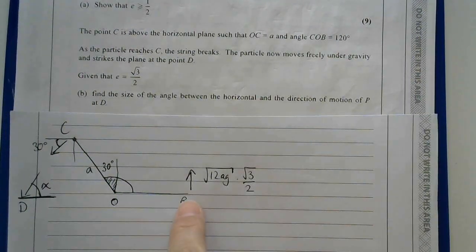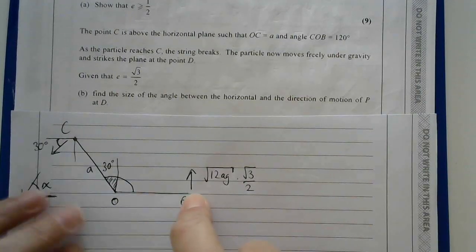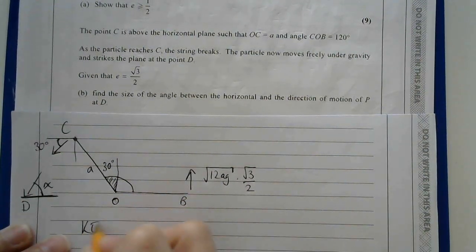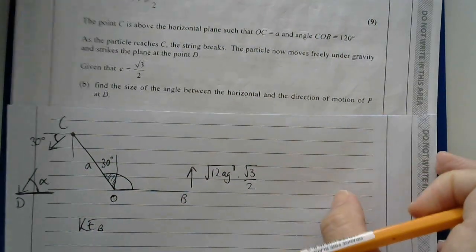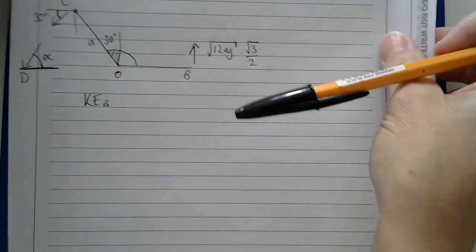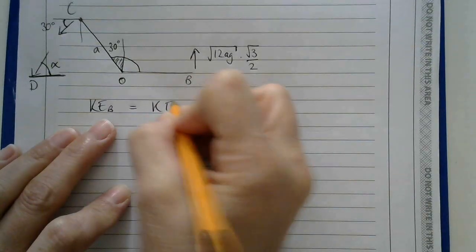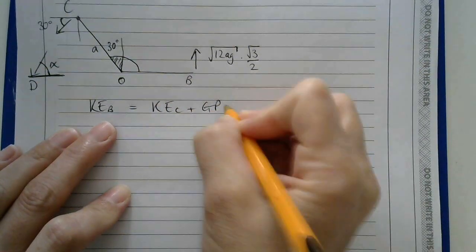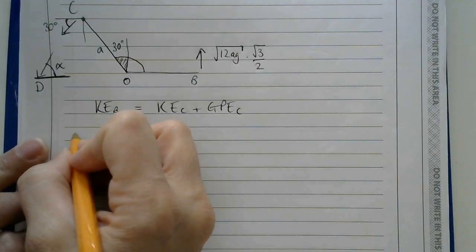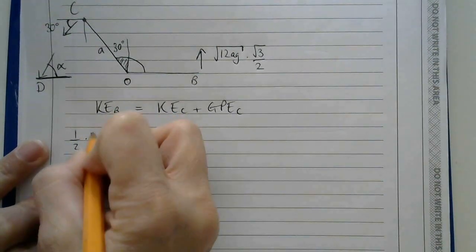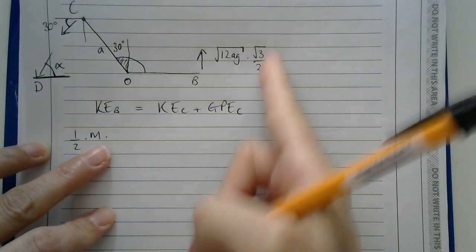And so if I equate the kinetic energy at B, that will equal the kinetic energy at C plus the gravitational potential energy at C. So I would have half times the mass times this thing squared.